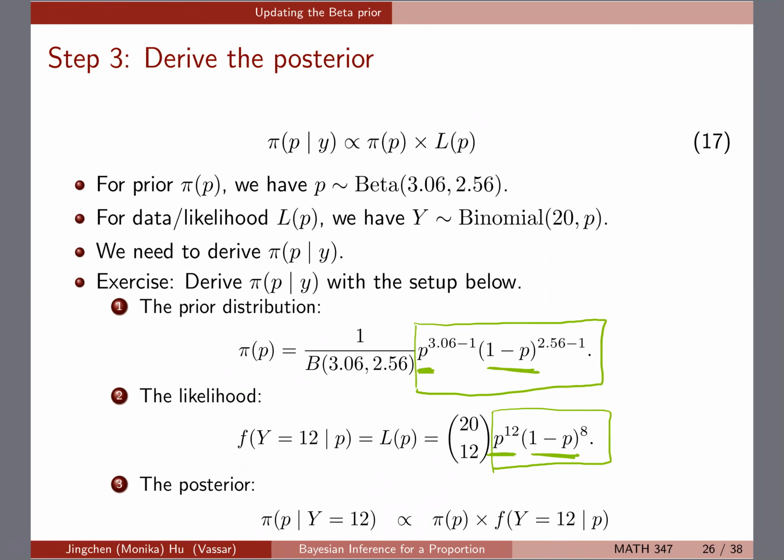And keep in mind that we already started saying that beta is a conjugate prior for the binomial likelihood. That means once you come to a posterior term which has P raised to some power and 1 minus P raised to some other power, try to link that to some beta distribution. So that's my hint for this part.